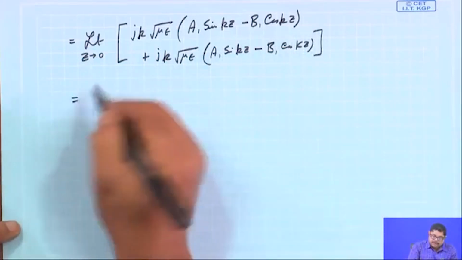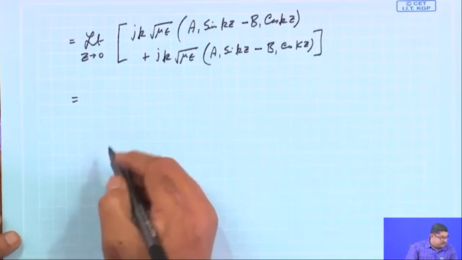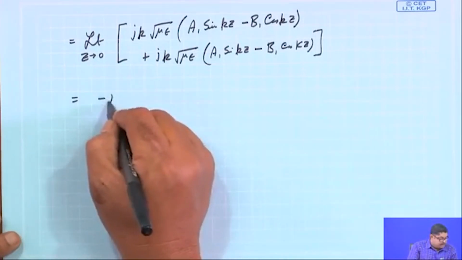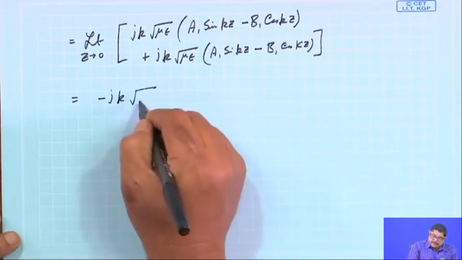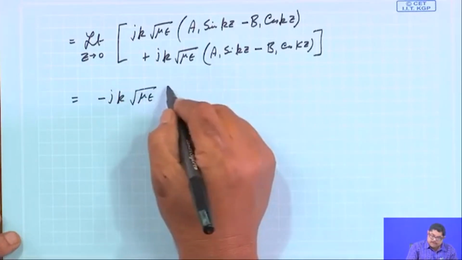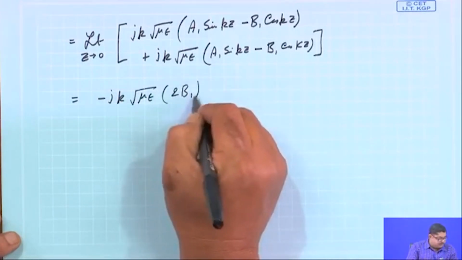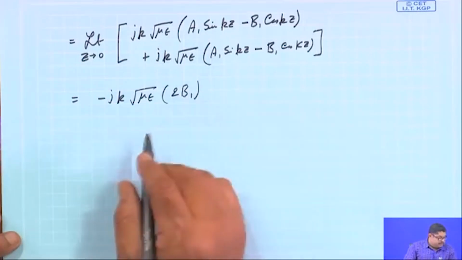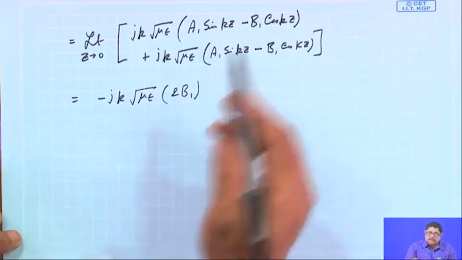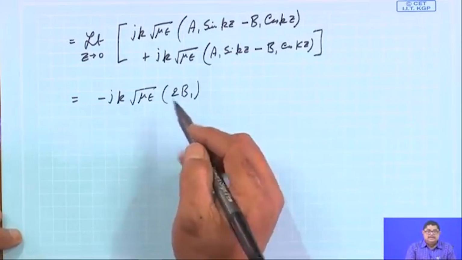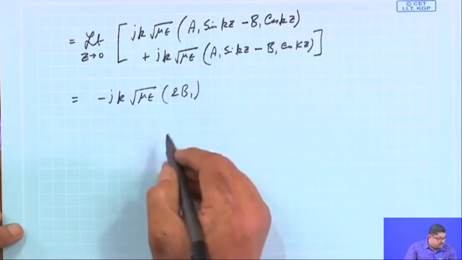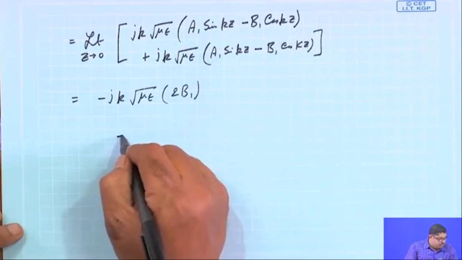Now, you enforce the limit. So, it will be minus j k mu epsilon 2 B1. This is your LHS, the RHS we have found, so equate these two.